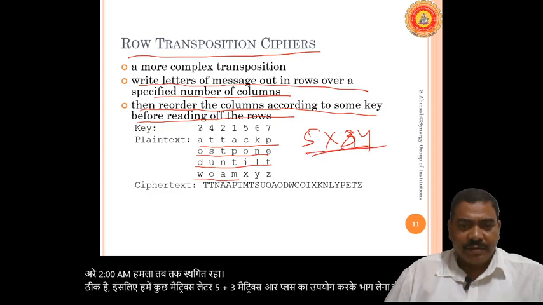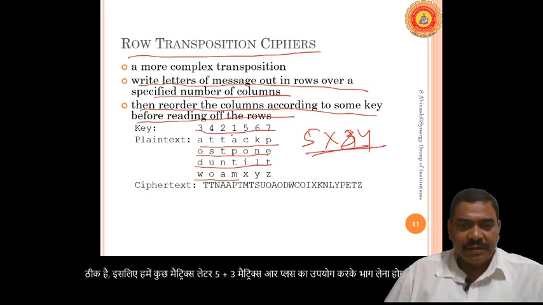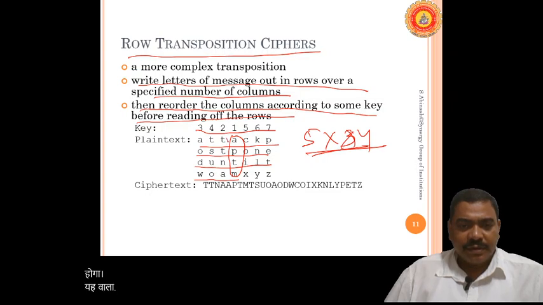Then we use this key, and based on the key, first we collect this column, then column 2, then 3, then 4, then 5, and we repeat this process.